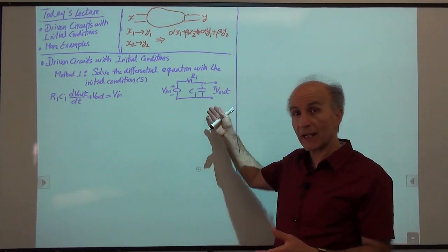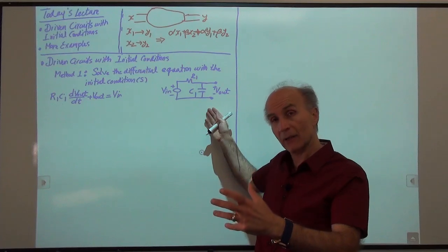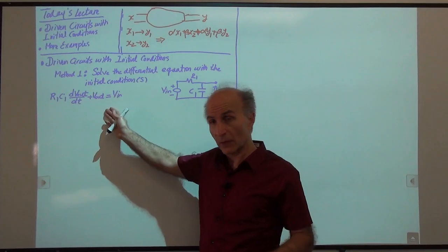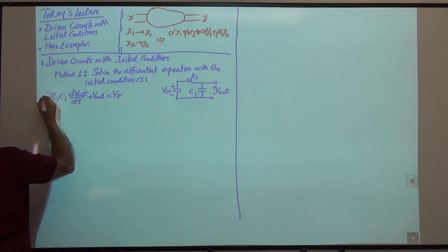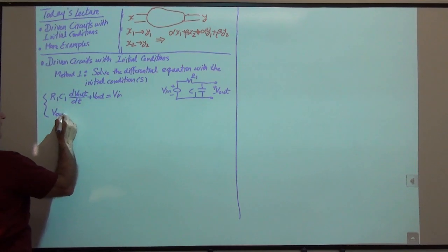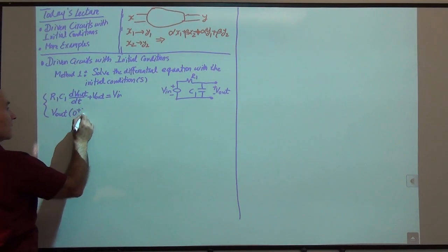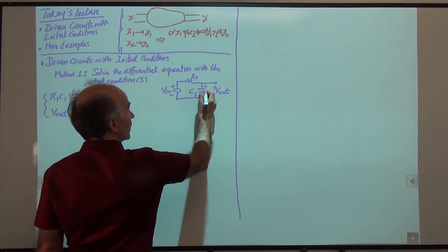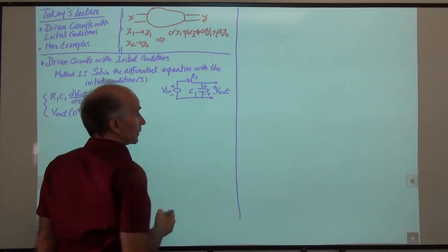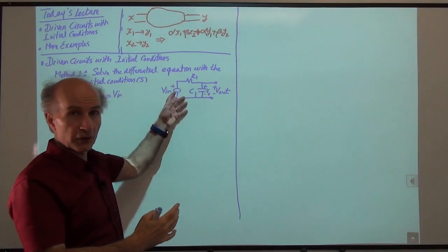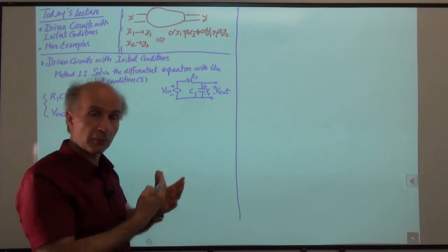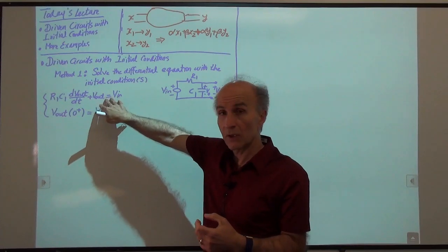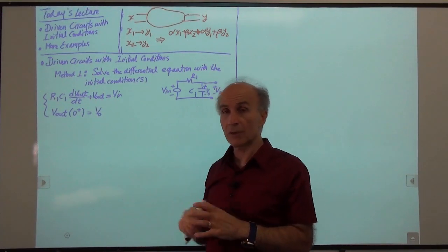But if the capacitor has an initial condition on it when we start out, a non-zero initial condition, then we can write this differential equation still in this form, except that now we say V out at 0 plus is equal to some V0. And V0 would be the initial voltage across C1. Because V out and the voltage on the capacitor happen to be the same in this example. So we just solve this differential equation subject to this initial condition. All right, we can do that.